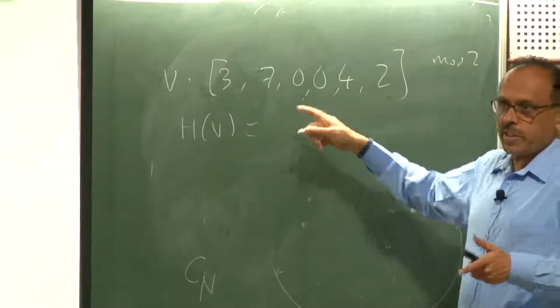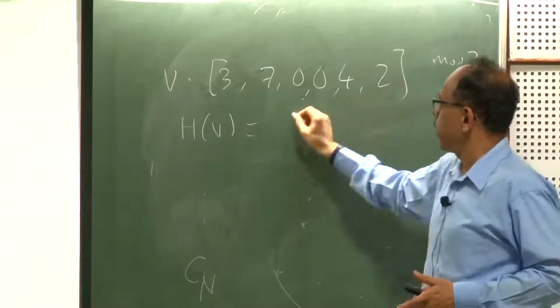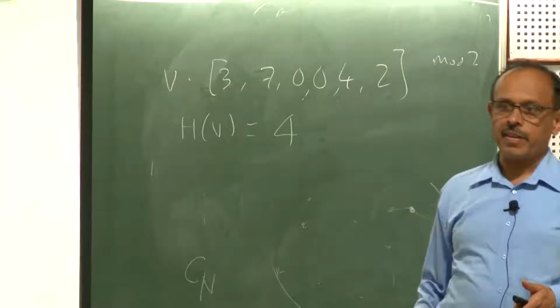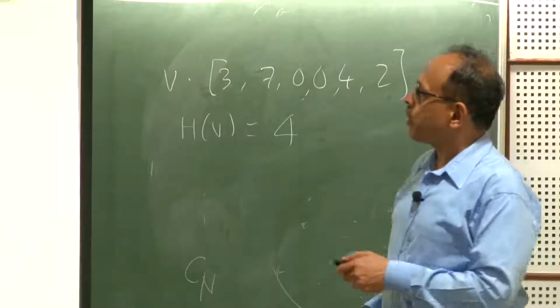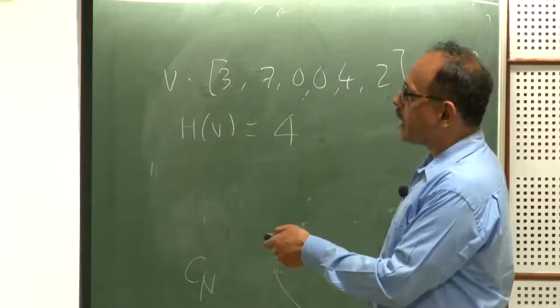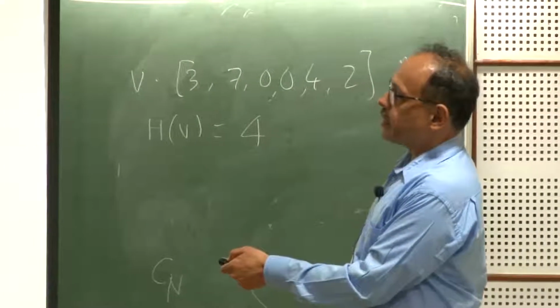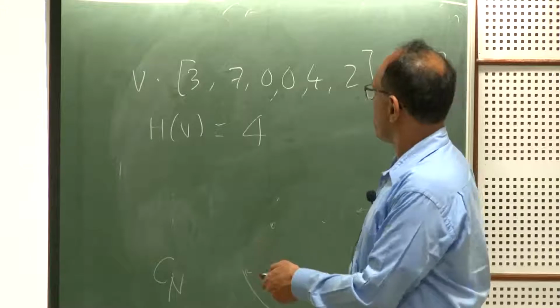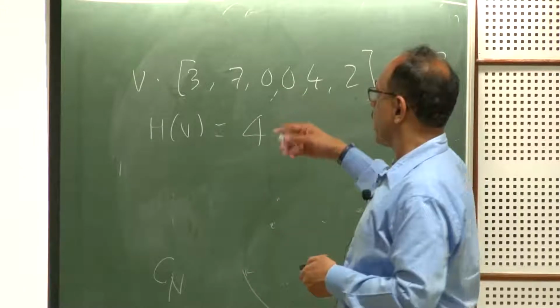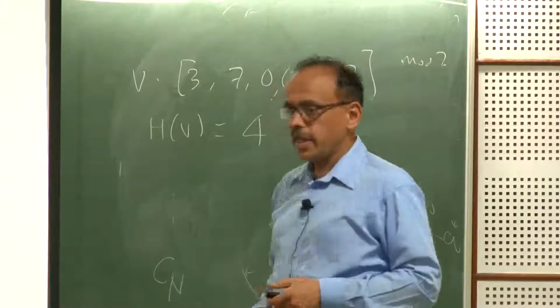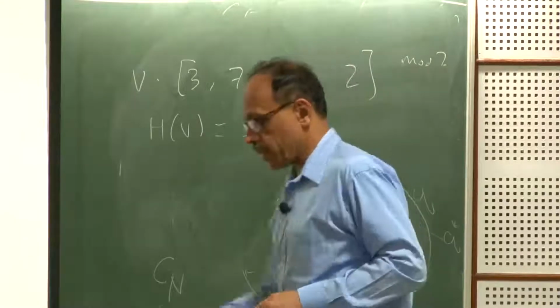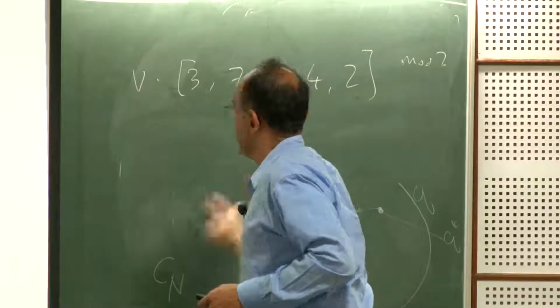The number of positions that differ, right? 1, 2, 3, 4. That's the weight of the vector. The Hamming distance between any 2 Q-ary blocks of the same length is the number of places in which they differ.